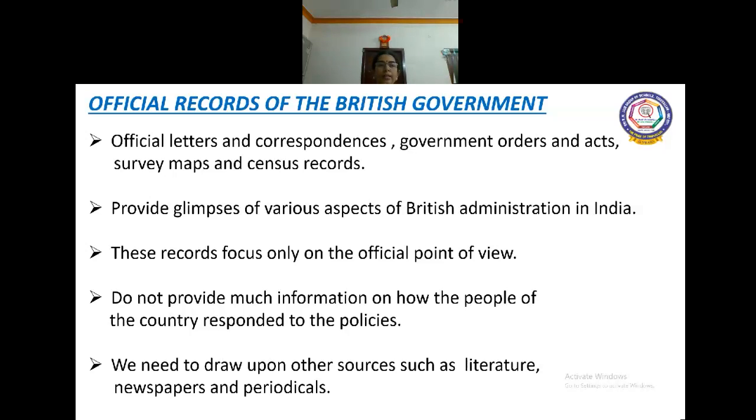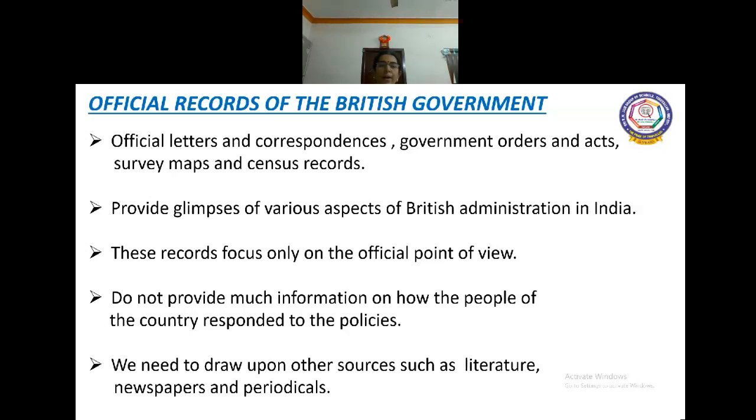So official letters and correspondences, government orders, acts, survey maps, and census records were kept as the official records by the British government. It provides glimpses of various aspects of British administration in India. So people come to know from these records how the British had administered India. These records focus only on the official point of view.